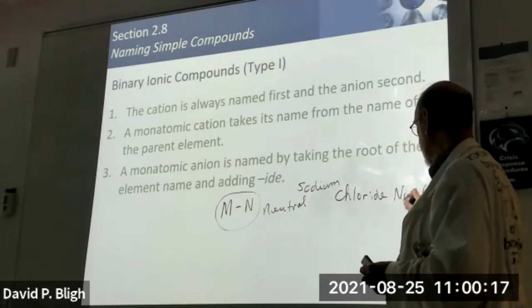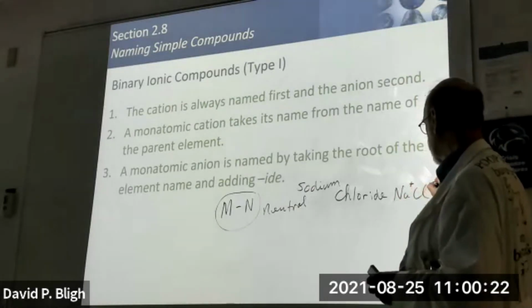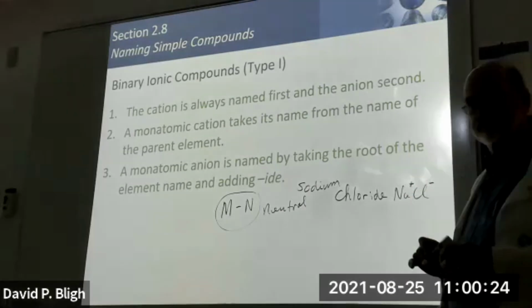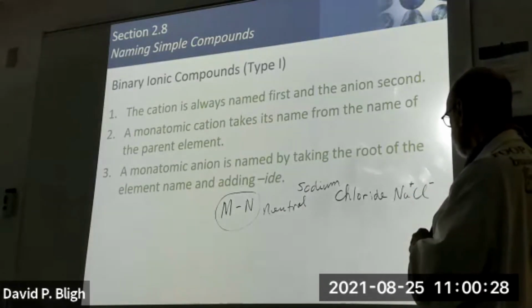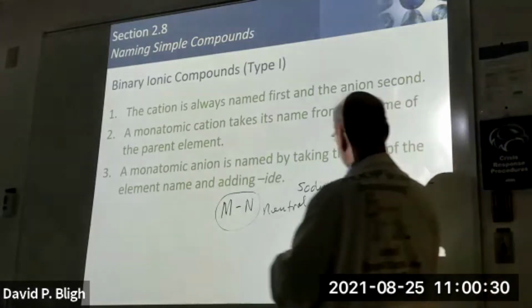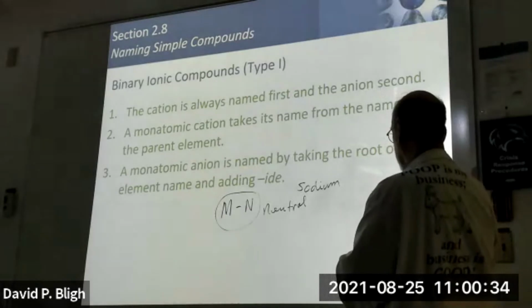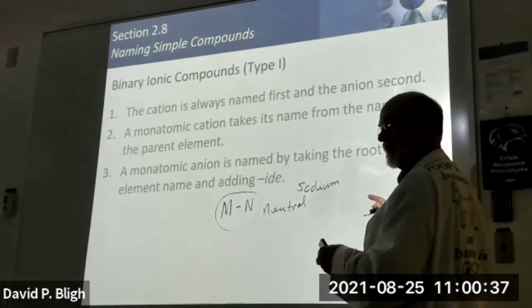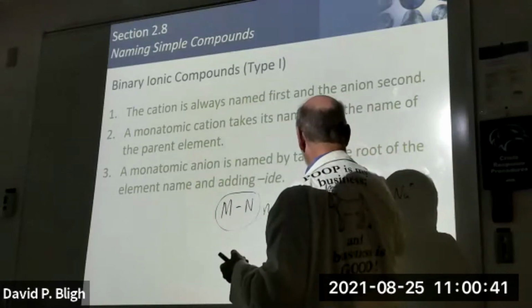Now, how do we know that's the correct ratio? Because this is a +1 and this is a -1. That makes it neutral. What if instead we combine sodium with oxygen? Sodium is still +1, but oxygen is a chalcogen, so we say oxide.